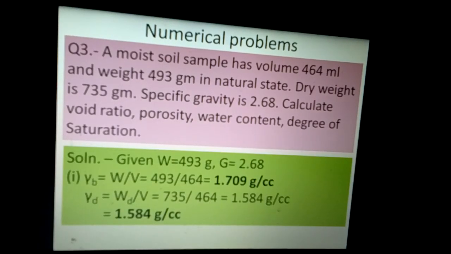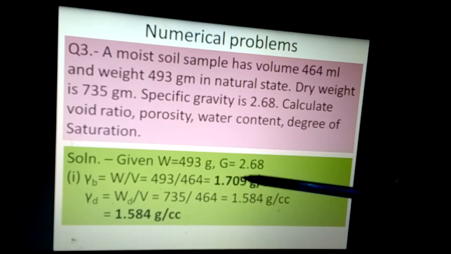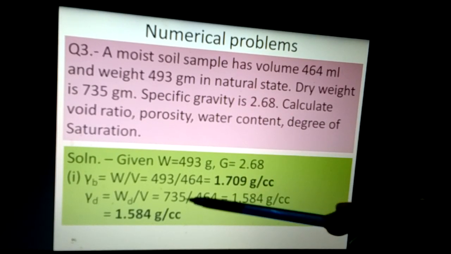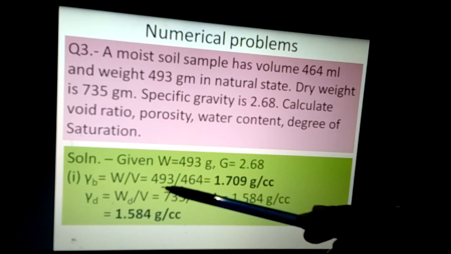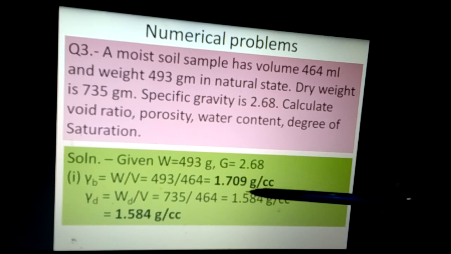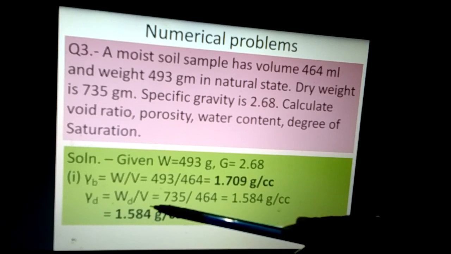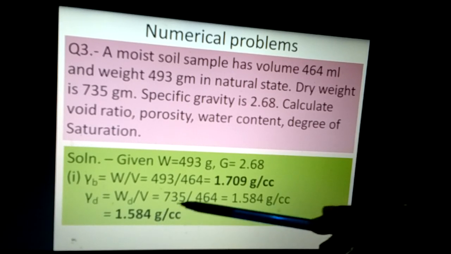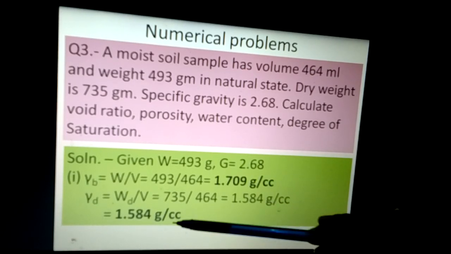To begin with the solution, we have the given parameters: total weight 493 gram, specific gravity 2.68, and volume 464 milliliter. So gamma bulk is W by V, 493 by 464, that is 1.709 gram per cc. Gamma dry, gamma D equal to WD by V, so 735 by 464, which becomes 1.584 gram per cc. So we have got the gamma dry also.